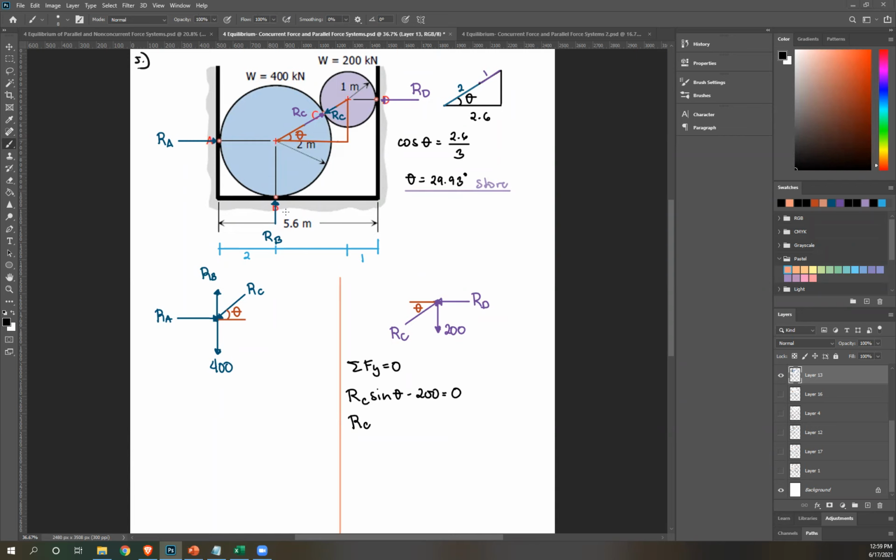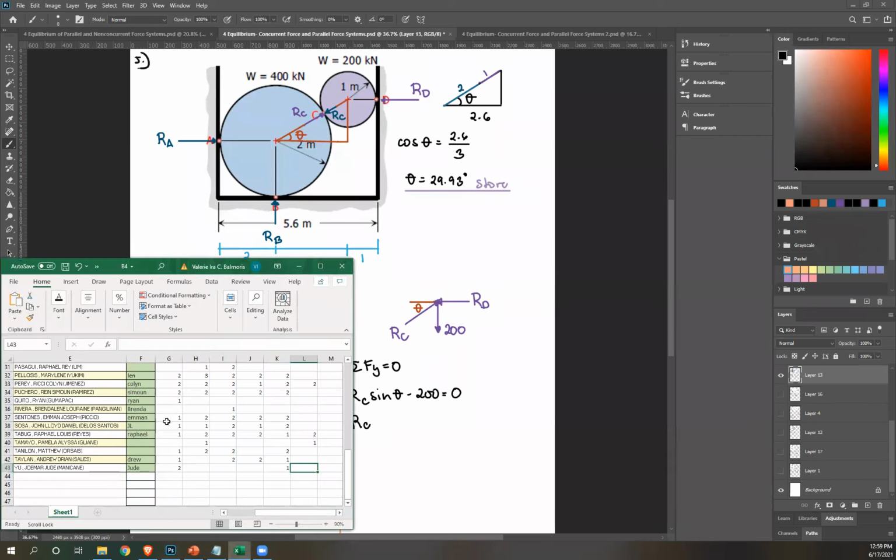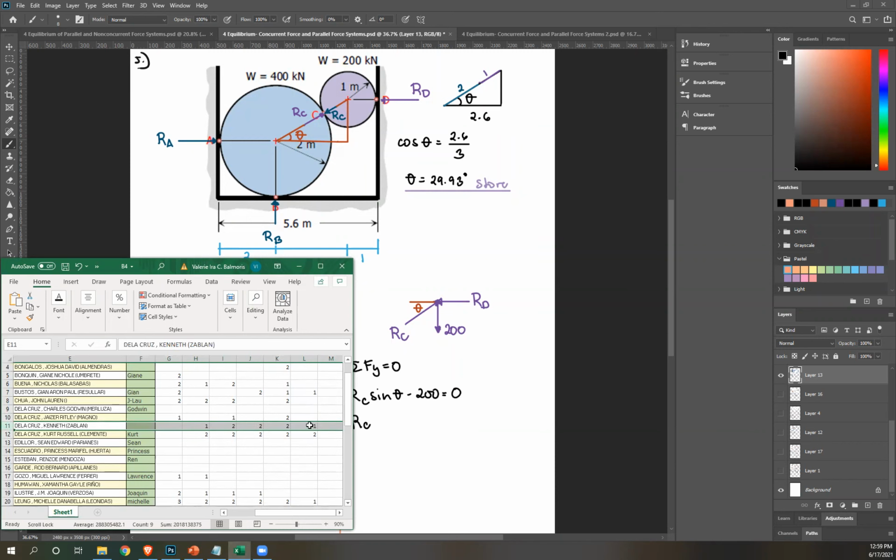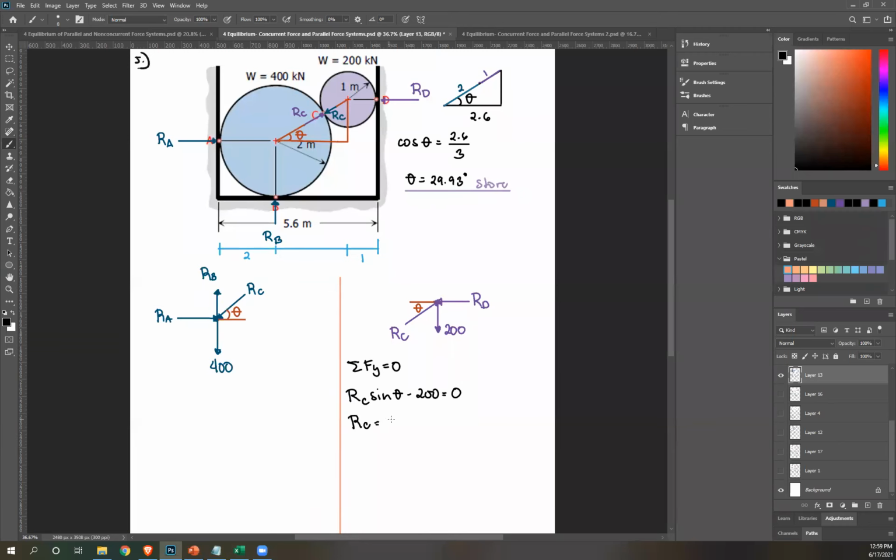Correct, Gian and Kenneth. It's 400.85. So that's our first answer. Unit is kilonewton.